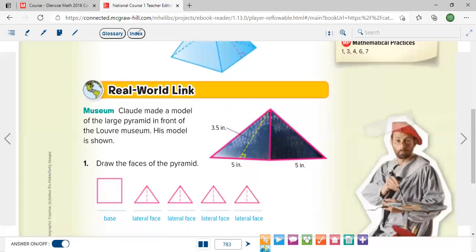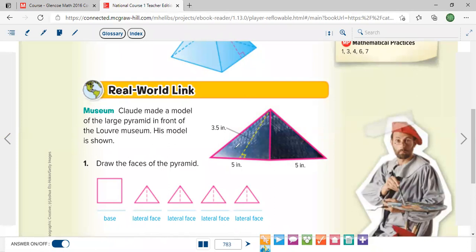Now, Claude made a model of the large pyramid in front of the Louvre Museum. His model is shown.